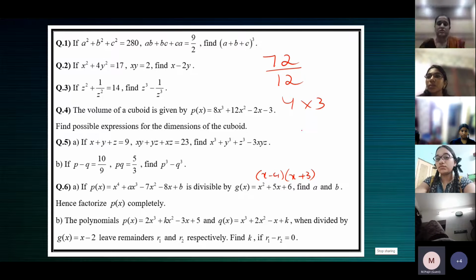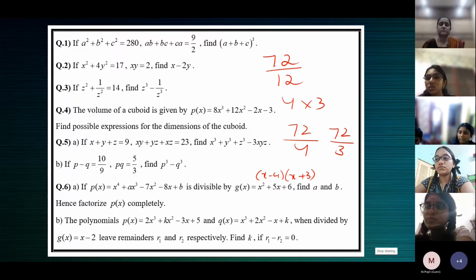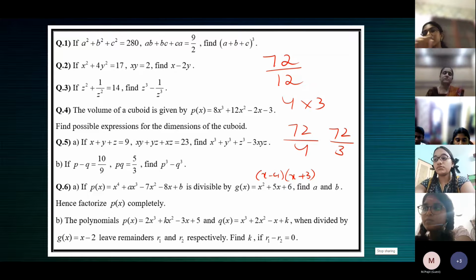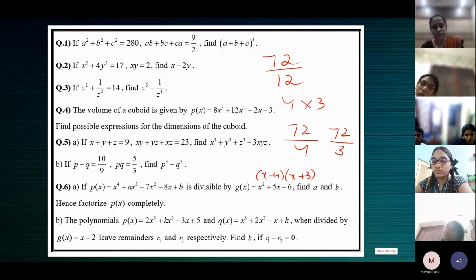So 72 is divisible by 4 and 72 is divisible by 3. If 72 is divisible by 12, and 12 is 4 into 3, 72 will also be divisible by 4 and 3.